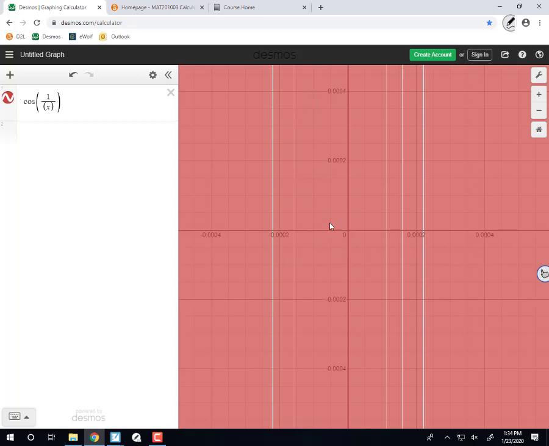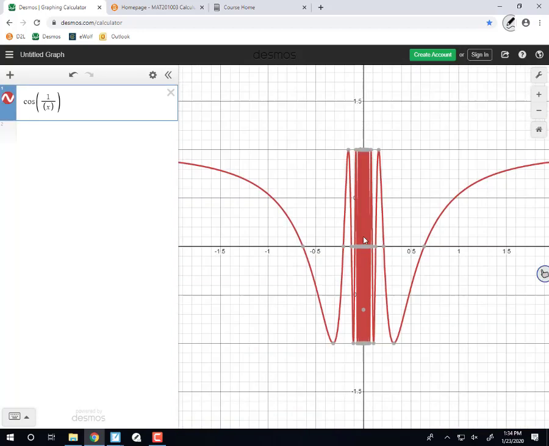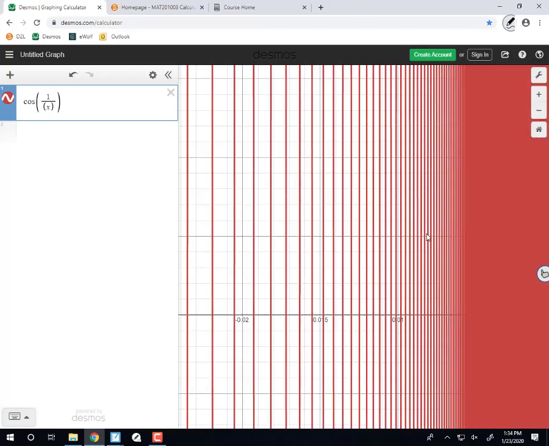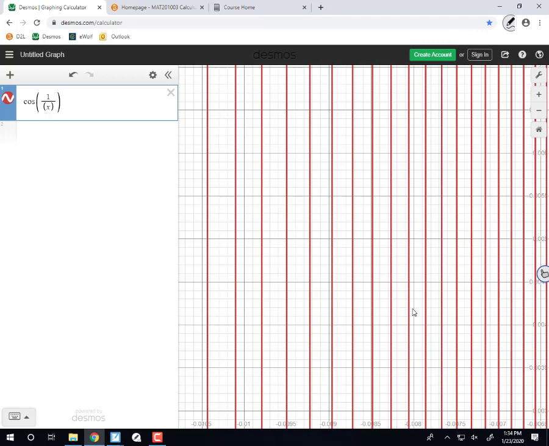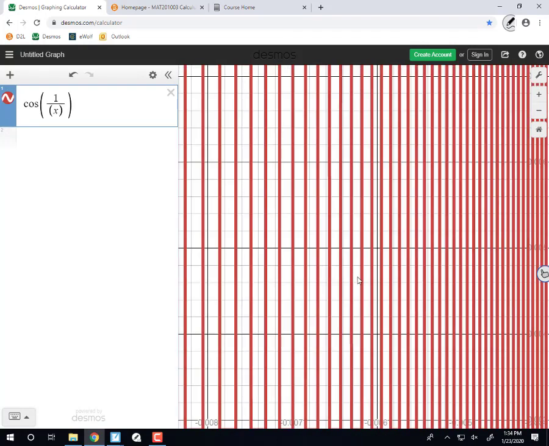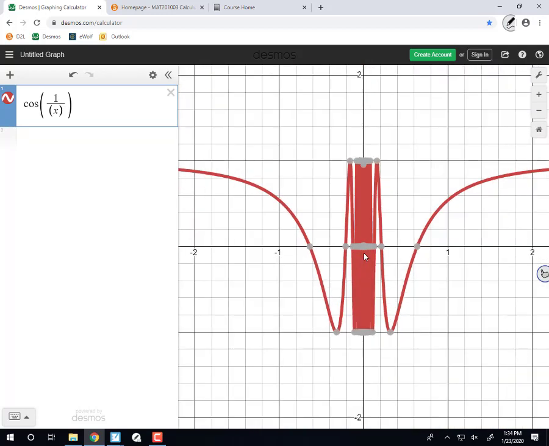It does look like it's completely solid, but as we get closer and closer, you can see that there is spacing between these things. The oscillations are just getting much more rapid, so eventually it looks like a solid fill.